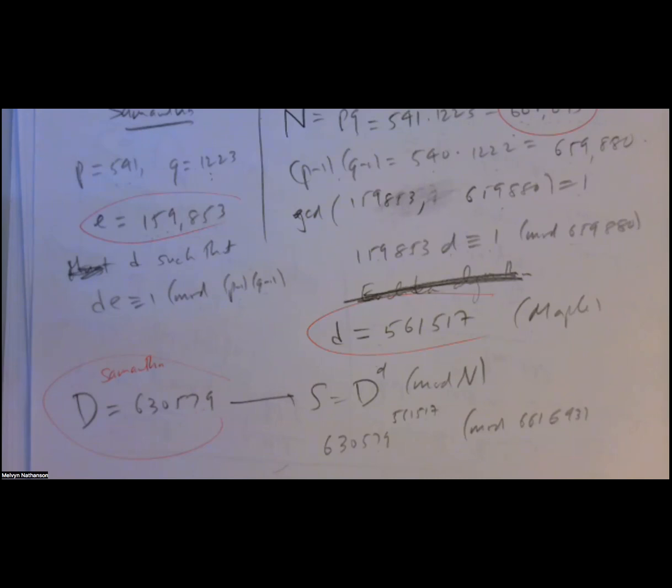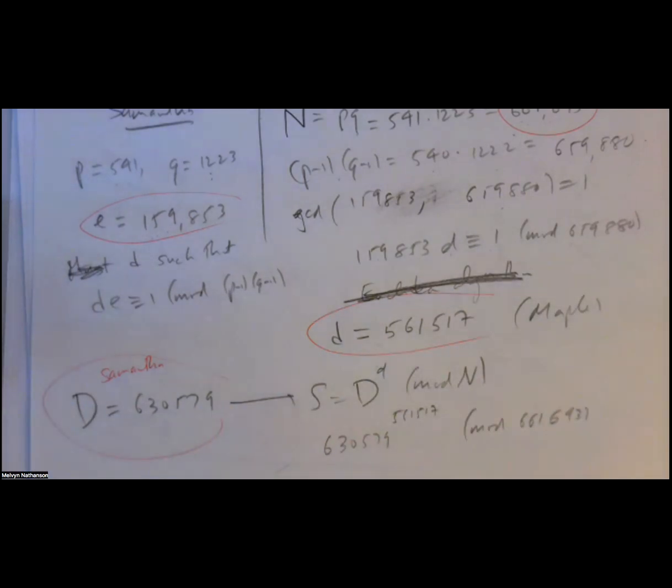Yeah, so I want to find what happens if I take this number 630,579 and I raise it to the power 561,517 modulo 661,643.